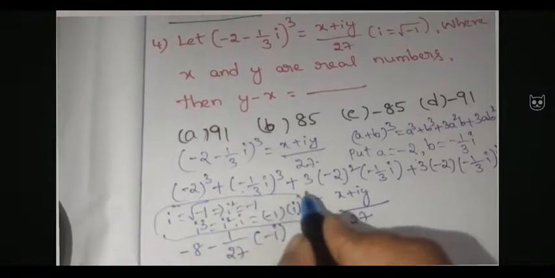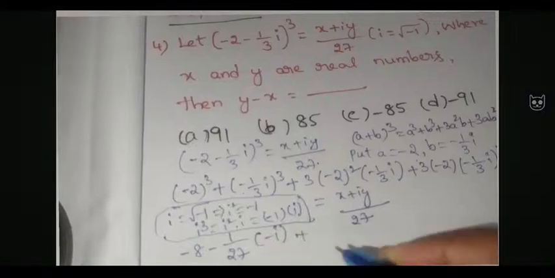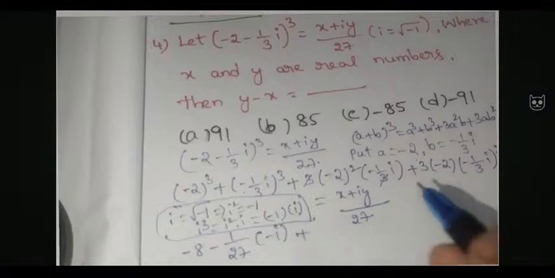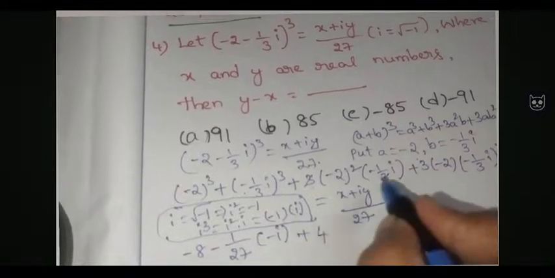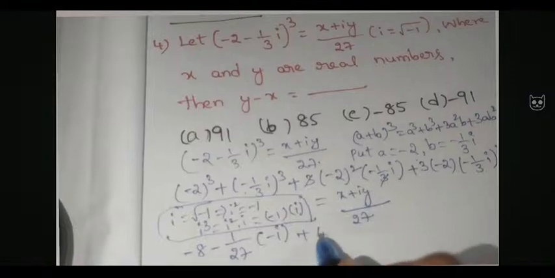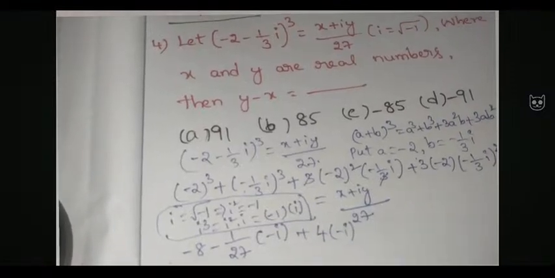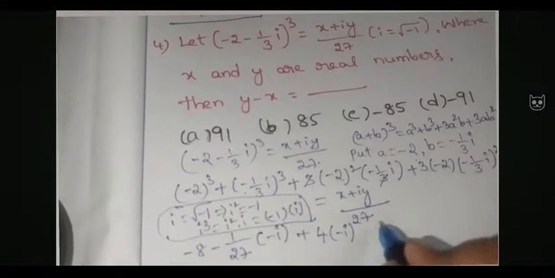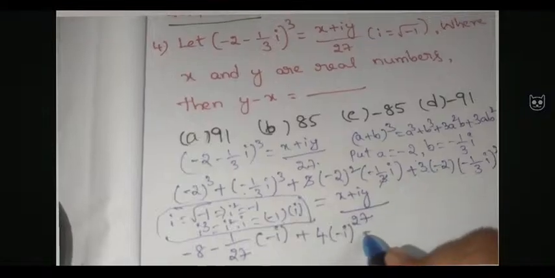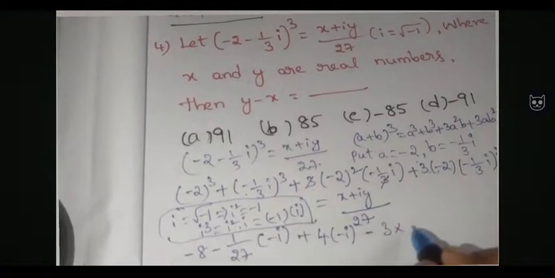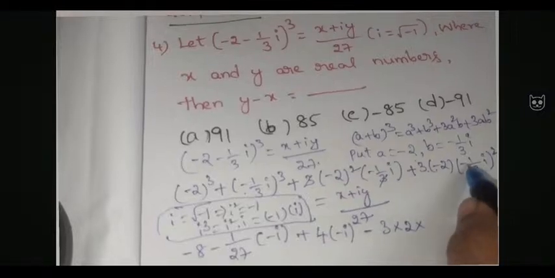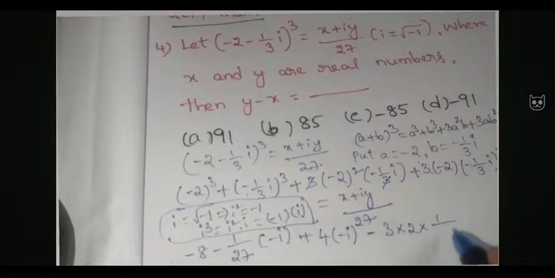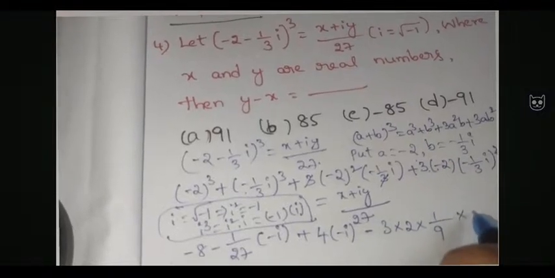Next, plus 3 into minus 2 whole square, where the 3 cancels. So plus 4 into minus i, that is minus 4i. And then here, 3 into minus 2 into 1 by 3 square, that is 1 by 9, into i square.